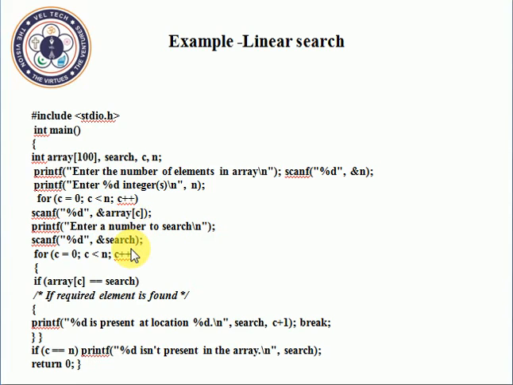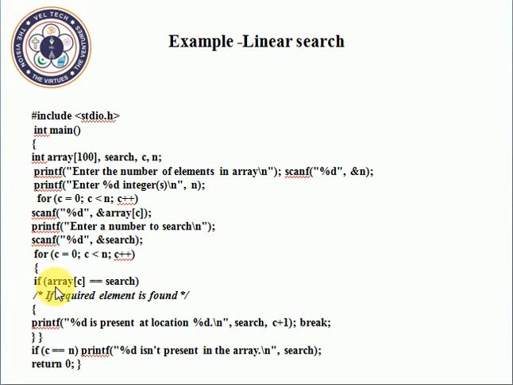So now I want to search for a specific element from that array. I have stored at least 10 elements in an array, so this array holds 10 elements. If I want the seventh, eighth, or ninth element, I use a search key.